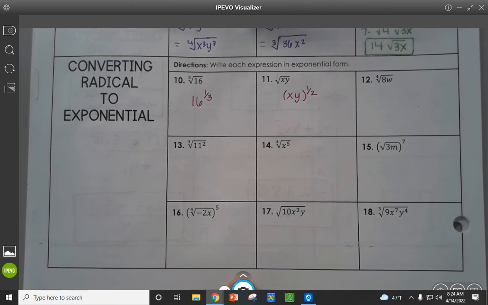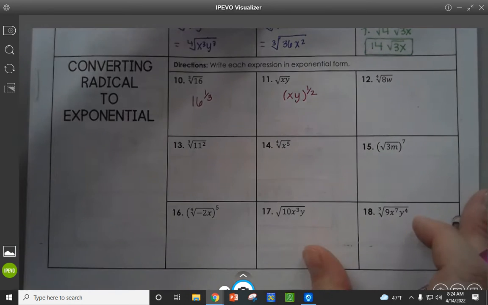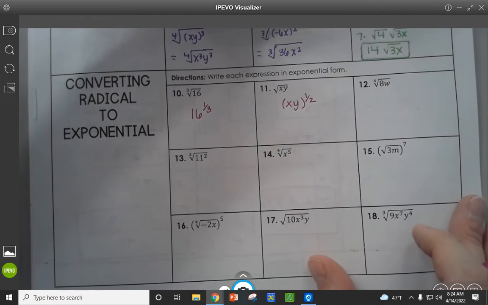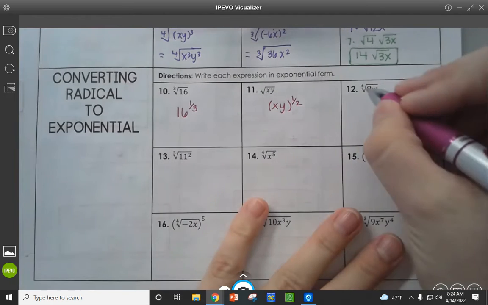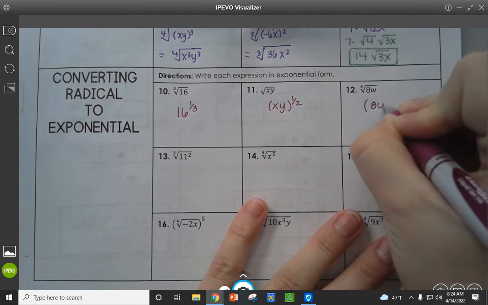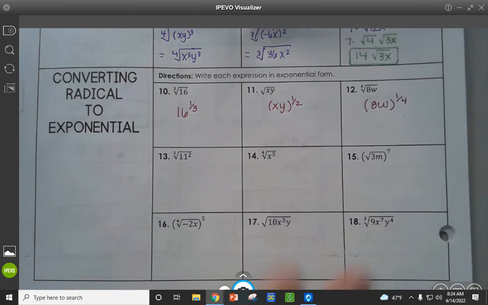Okay. Number 12. What are we thinking on this one? (8w) to the 1/4.